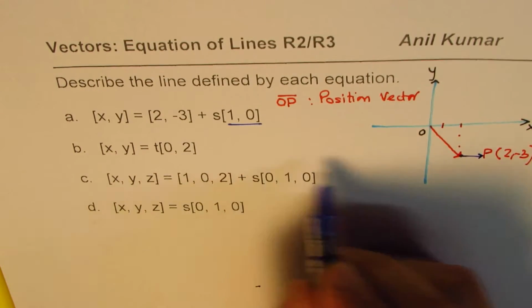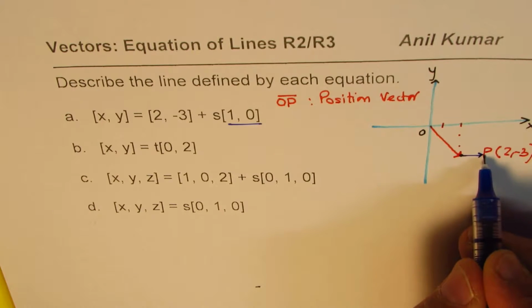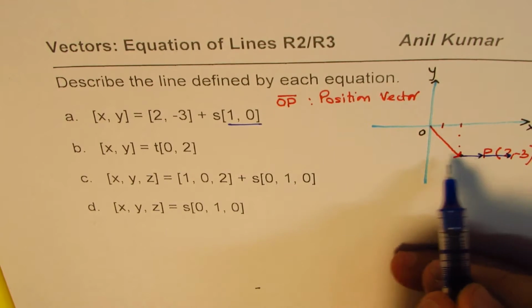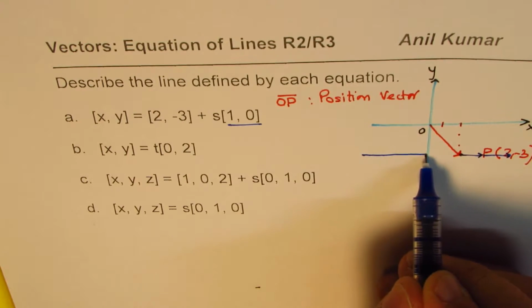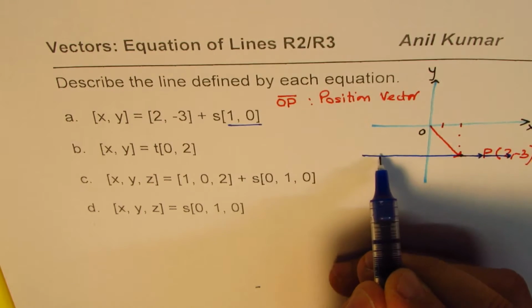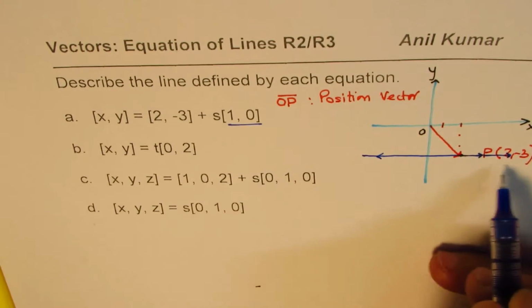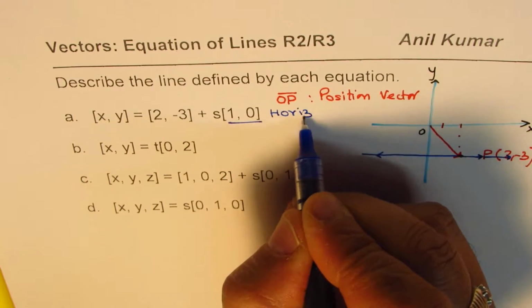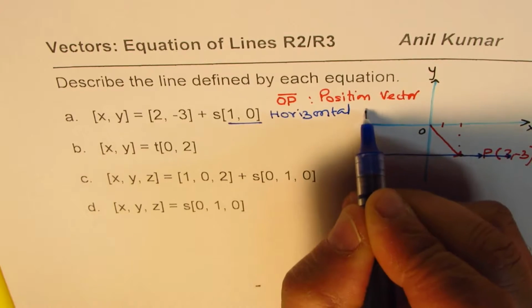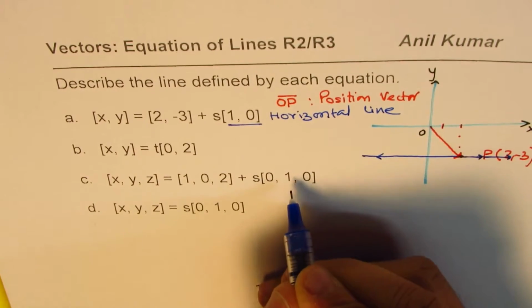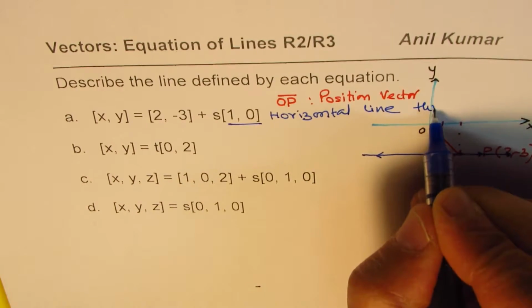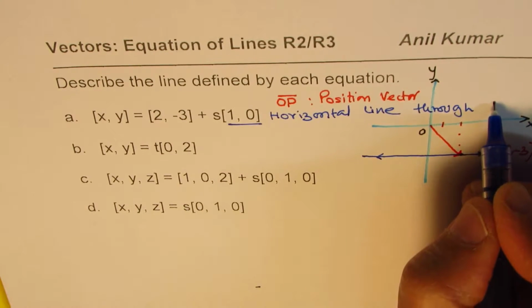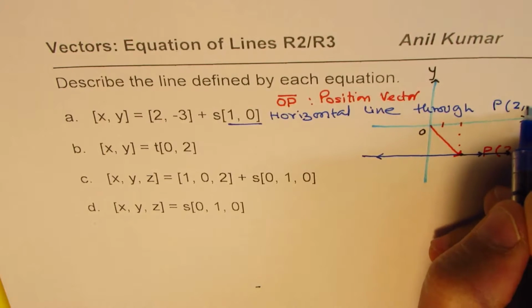So you keep moving right. And for the next value of s, move another unit right. What will that result in? That results in a horizontal line, which could go in both directions. So this represents a horizontal line through the point (2, -3).